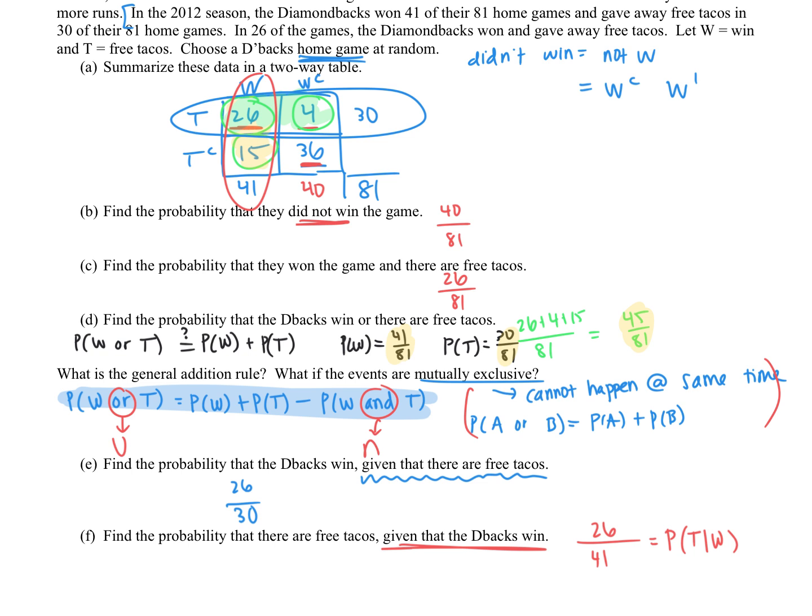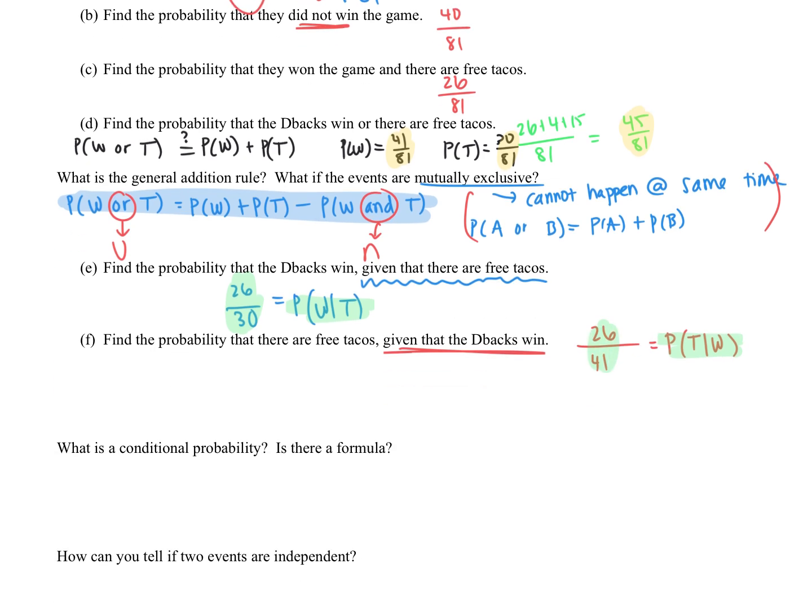Whereas in E, given free tacos, what is the probability of winning? What I hope that we notice is that these notations are different. Same variables, but they were flipped, and that affected the answer. So if we flip our two events, that does change the answer.